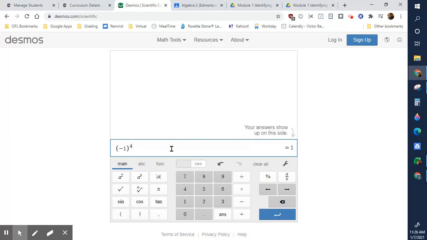In case you forgot how to do that, you hit this button right here. Or what I do is Shift 6. Hold Shift and 6 at the same time. You're hitting this little caret; I call it a little up arrow.